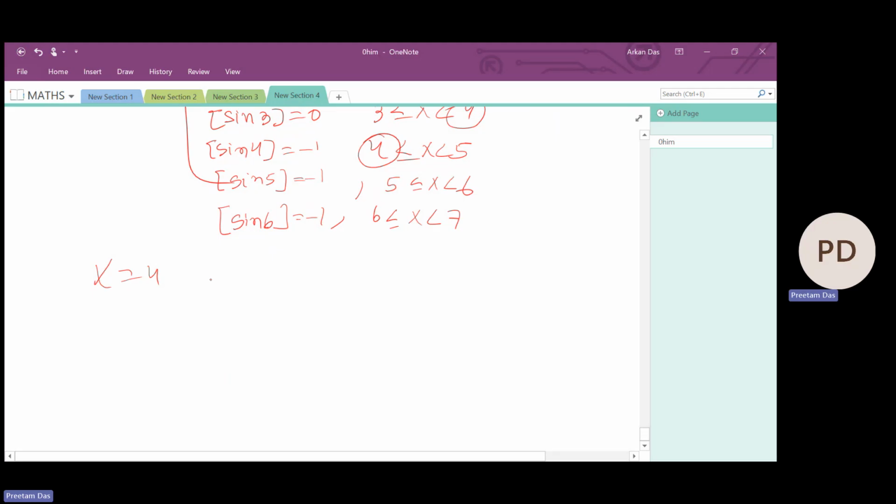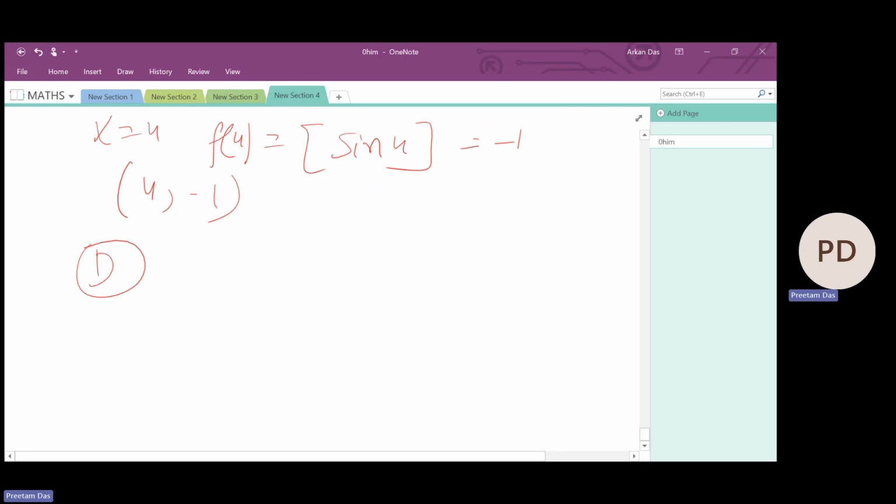X is 4, and what will be f of 4? Greatest integer of sine 4. Sine 4 is in the third quadrant, so negative, so minus 1. 4 comma minus 1 is the point. Option D.